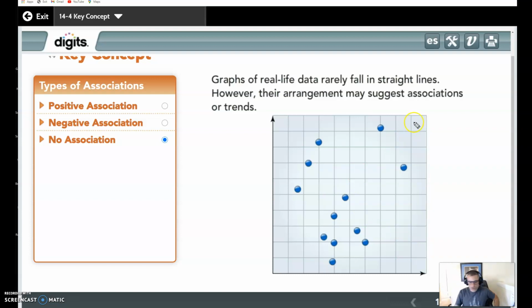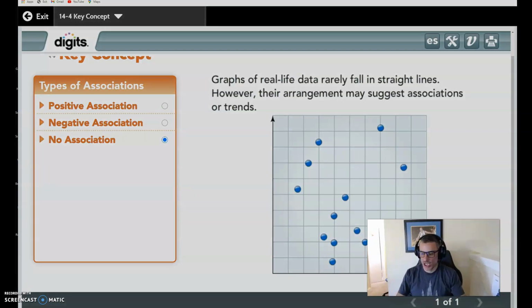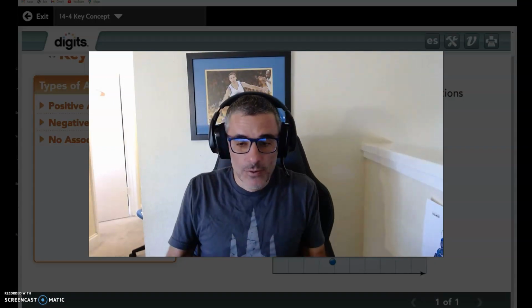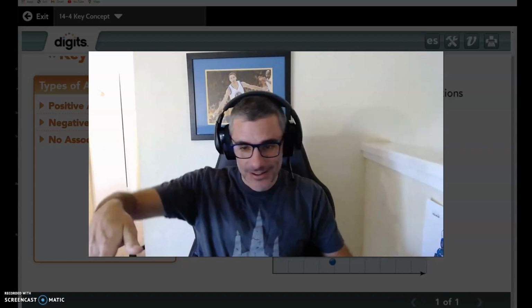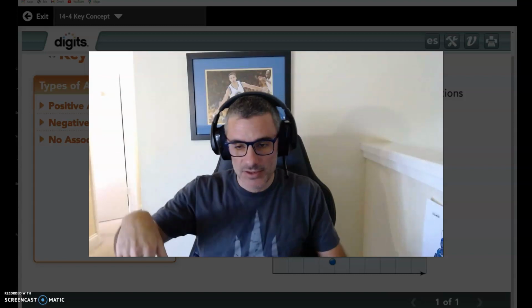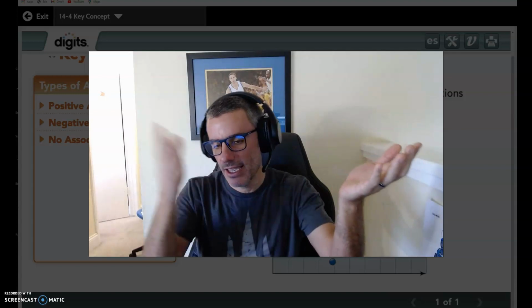All right, so those are the three types of associations that we're going to look at. I think this is pretty straightforward. You're going to look at these graphs and see a negative association, positive association, or no association. Some of the questions just describe a relationship, like, do you think there would be a positive association between A and B?